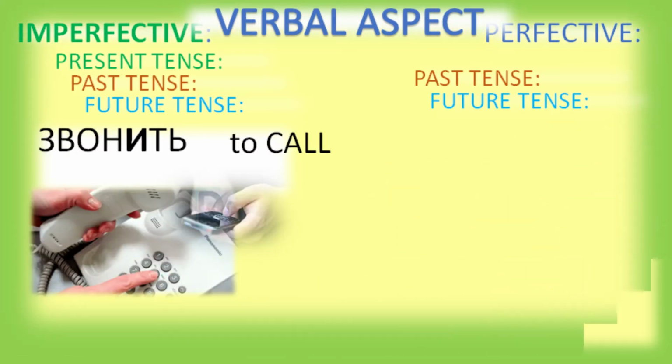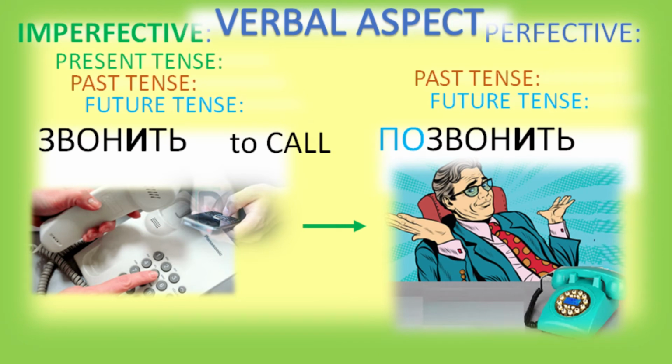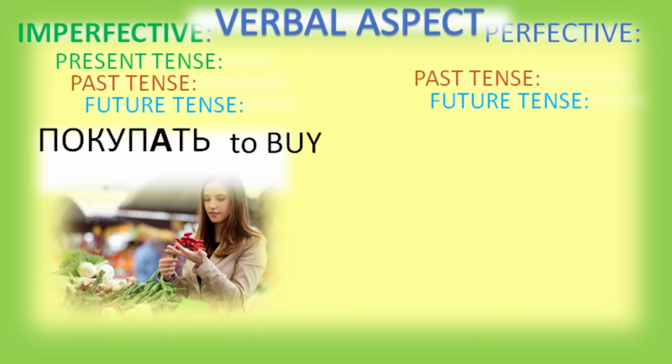To call. Звонить. The caller is performing a continuous action of making a call. Позвонить. Indicates that the action is completed. The call has been made. To buy. Покупать. The girl is performing a continuous action of buying food.